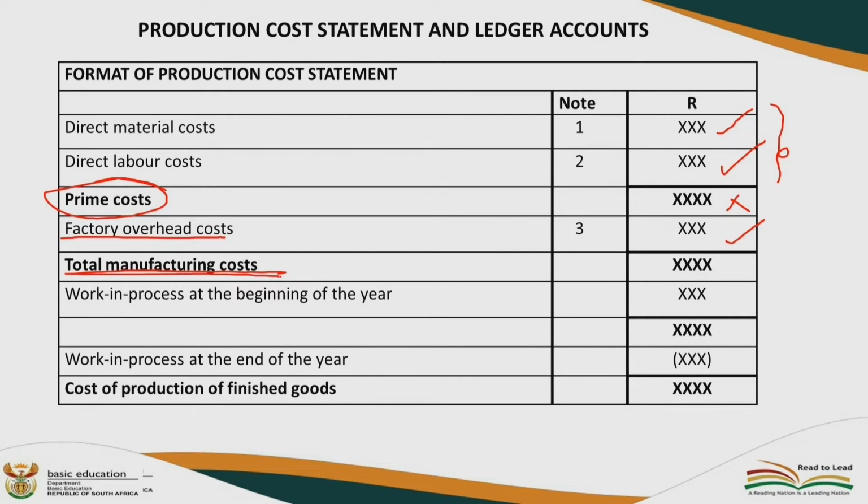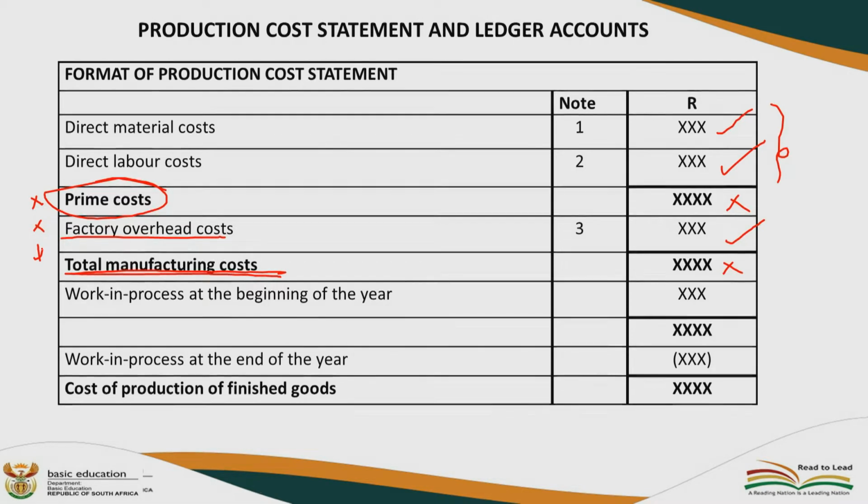Repeat it again: prime cost plus factory overhead gives you total manufacturing cost.